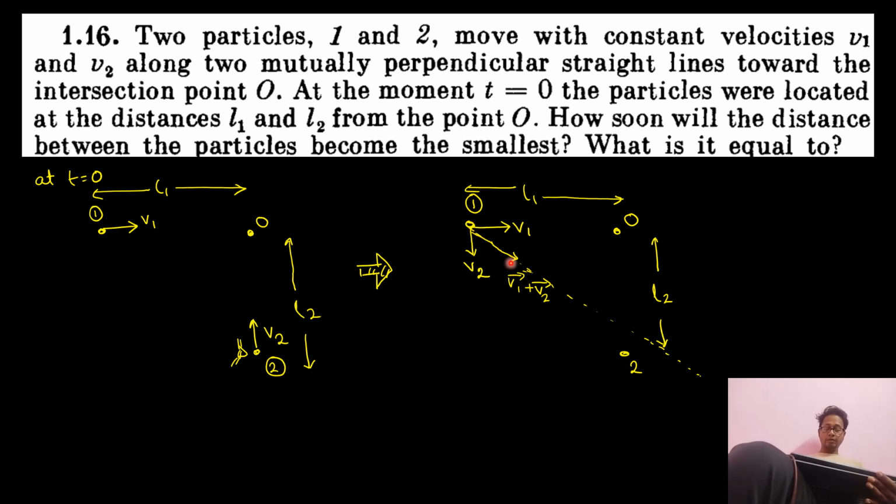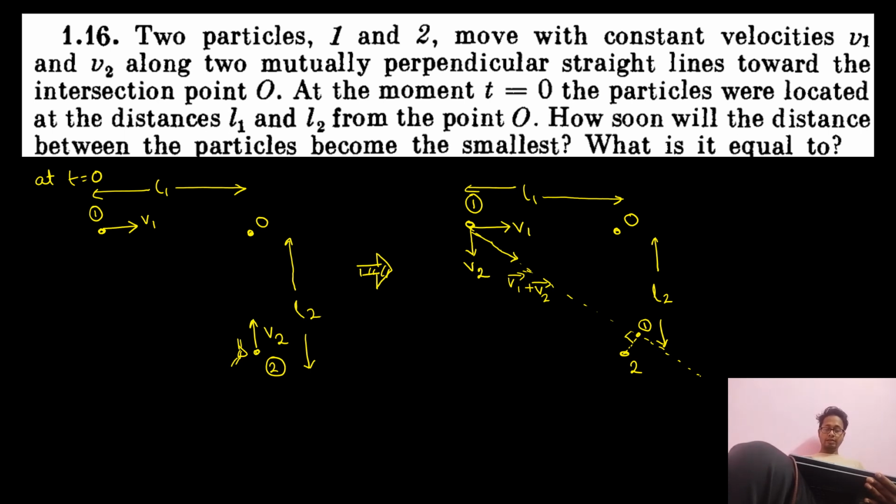This particle will move along this line as seen by this body, and will be nearest when there is a perpendicular distance between this point and this point. So body 1 will be nearest at 2, when at this position, this is 1, this is 2. Understood this one? Now how do I find out this position?